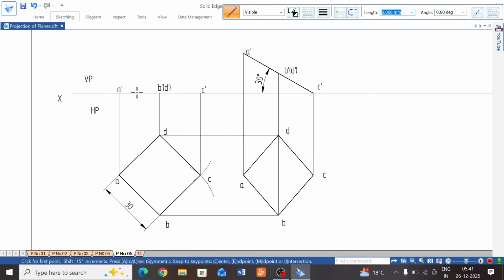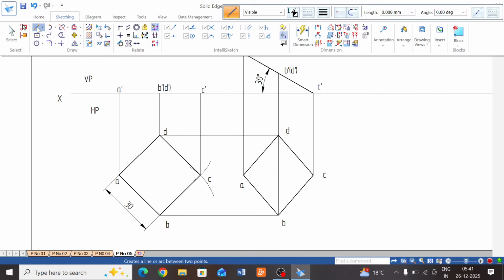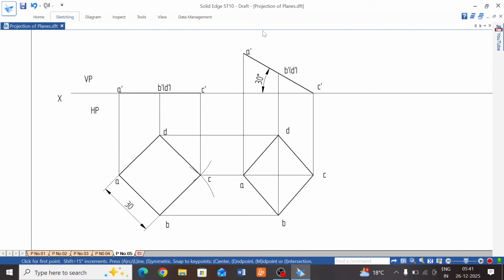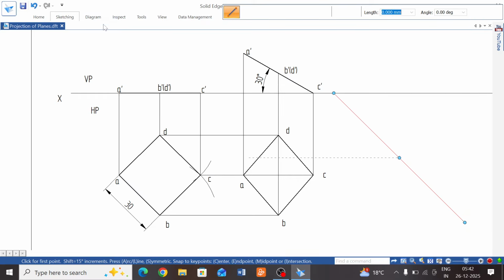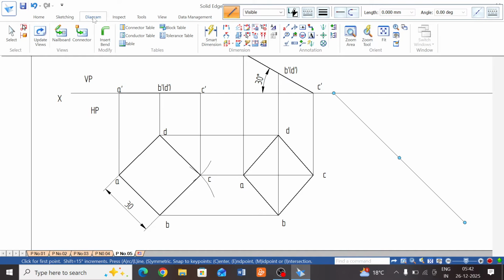Okay, now VP at 45 degrees. Draw a 45 degree line. Then next, it's the beta method, so we have to measure the original lamina and apparent lamina distance. Draw a 45 degree line from VP, using the protractor.